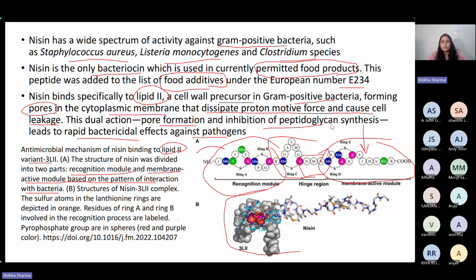If pores are there in the microbial cell, the components inside the cell will come out and leakage will occur. So one action of inhibiting the microorganism is pore formation and leakage from the microbial cell, and the other is inhibition of peptidoglycan synthesis. Both act on the bacteria and kill the bacteria.